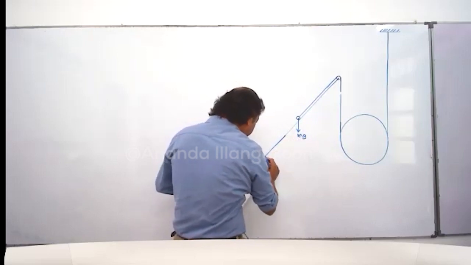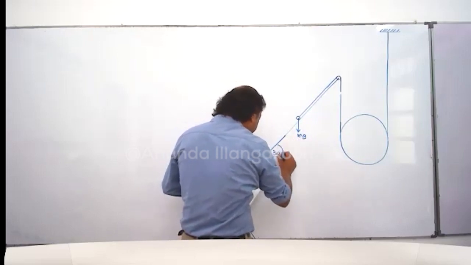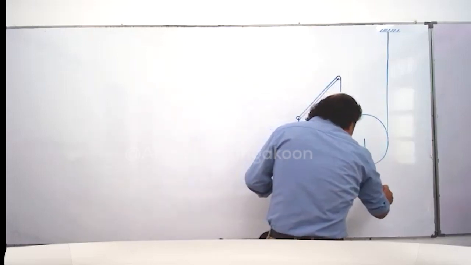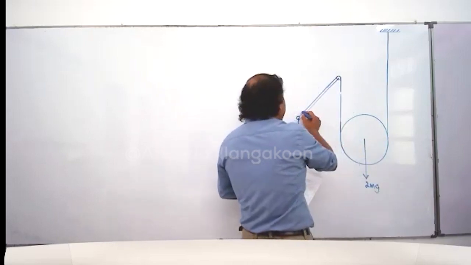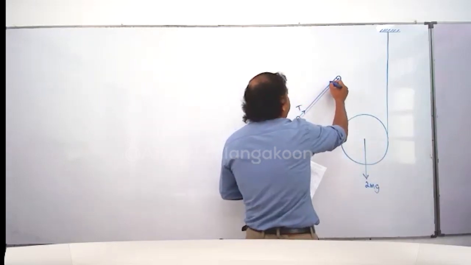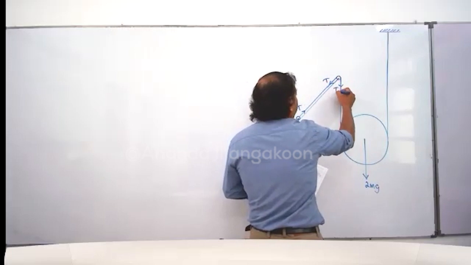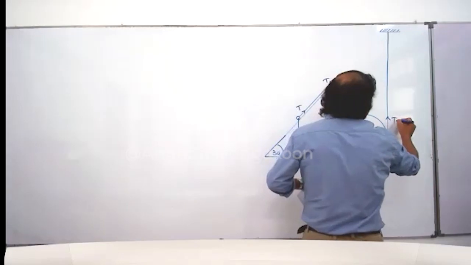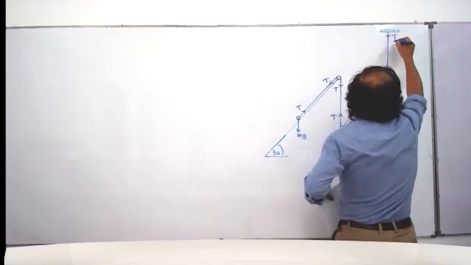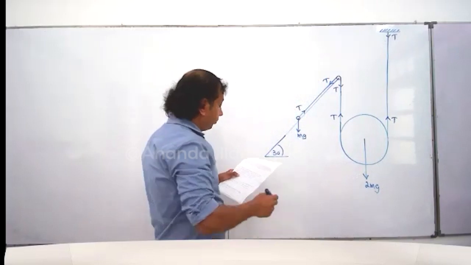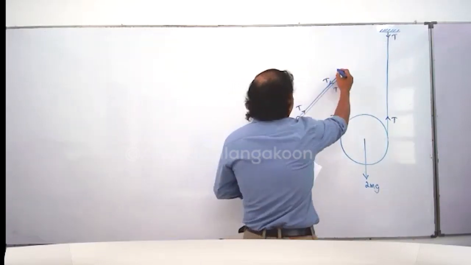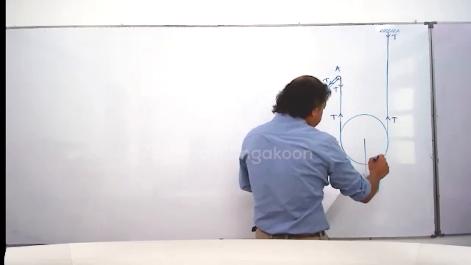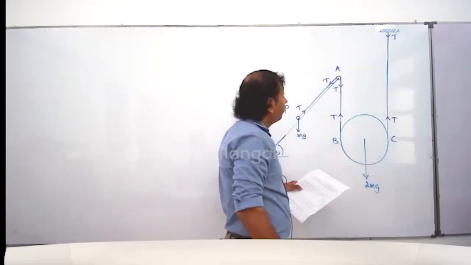This angle is 30. Here 2mg. The tension here T. Okay, this is P, A, B, C. This is D.